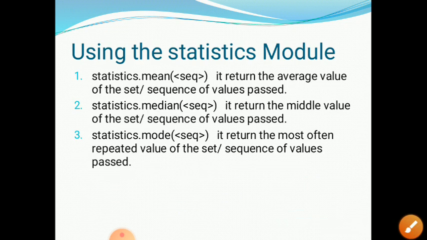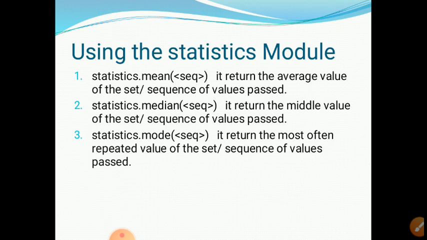Now statistics. The statistics module of the Python standard library provides many statistical functions such as mean, mode, median, etc. In order to use them in your program, we first need to import the statistics module with the help of import statistics.